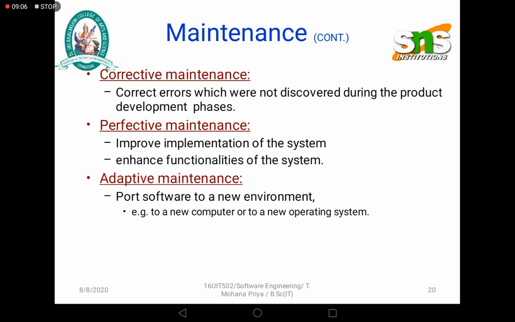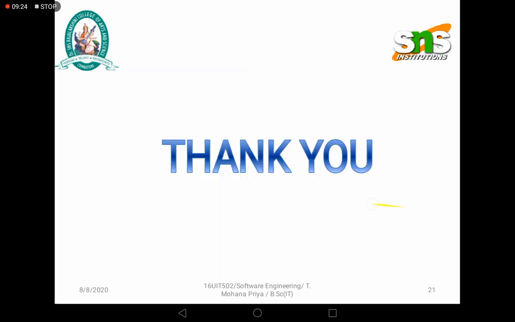That maintenance is called perfective maintenance. The third is adaptive maintenance, which is bringing a software product to a new platform. For example, a product is working under Windows, but a customer wants to move to an Android based system, so that maintenance is called adaptive maintenance.